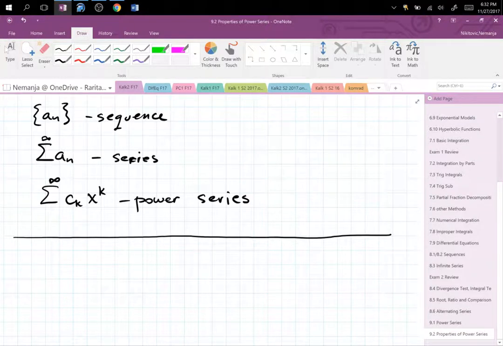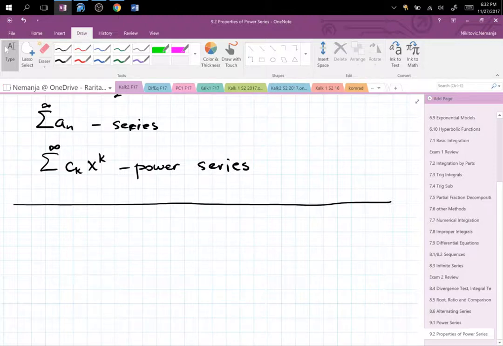So the goal of today's lecture is to learn the properties of power series and also look at the convergence of power series. Consider the power series where all the c_k's are equal to 1.